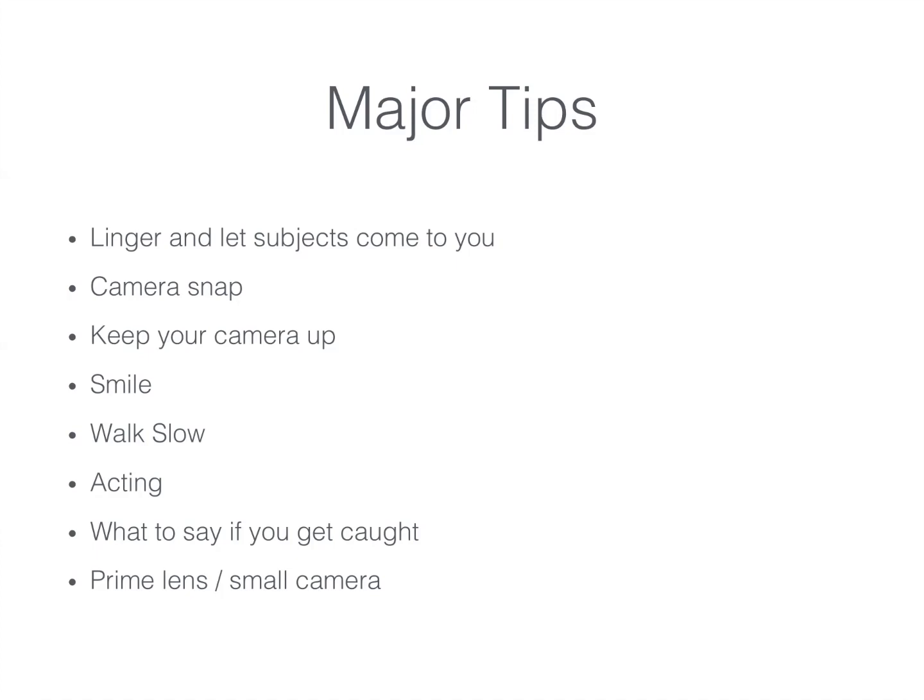Keep your camera up. I'll show you after halfway through, when we're doing questions, how I like to hold the camera. But as often as possible, I like to hold my camera up a little higher. With the Fuji X100 particularly, but also with the GFX, I hold it with one hand and then put the other hand to prop my arm up. It's much easier to photograph in candid settings when your camera is already close to your eye.